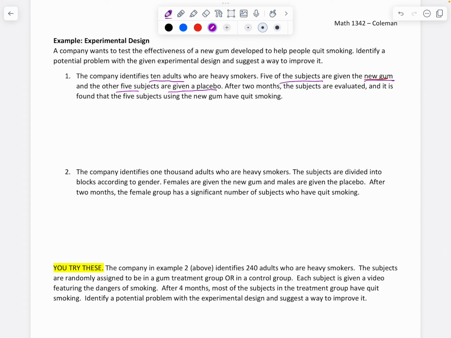What's wrong with this experiment is that we have a very small sample size. There is no way that we're going to draw any kind of conclusions, convince people to take this gum in order to quit smoking with such a small sample. This makes it hard to validate the results. Very hard to validate the results.